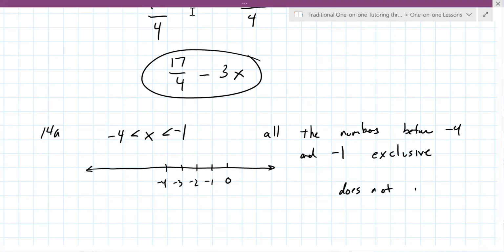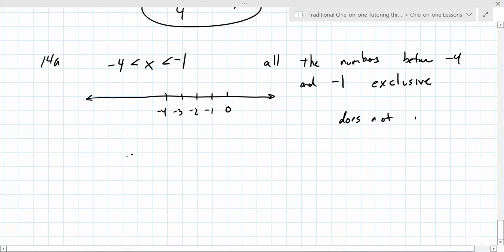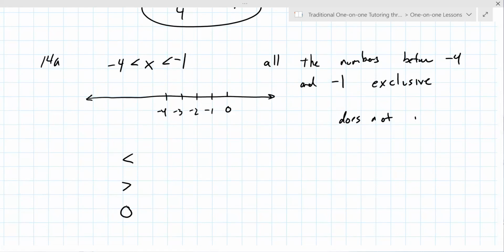In terms of the line graph, you have to know a few things. First is that this symbol and this symbol go with a not filled in dot on the number line. Did you see that in your notes or in class? No, I'm not gonna lie, I'm sorry. Okay, so at -4, you put a not filled in dot there, and similarly at -1.